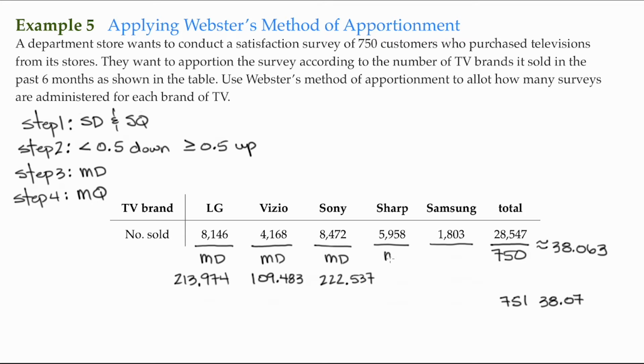The next one here, divide this subgroup by the modified divisor, and this comes out to be 156.501. And our last one here, the 1,803 divided by the 38.07, and this is 47.36.